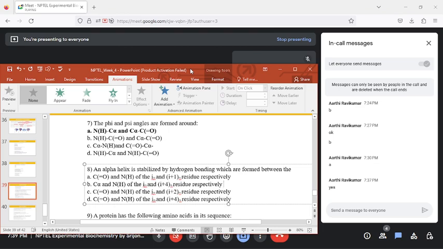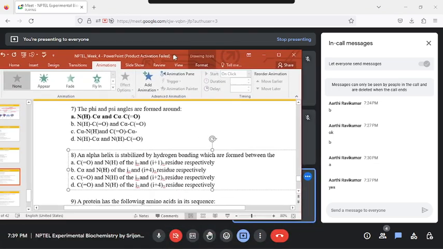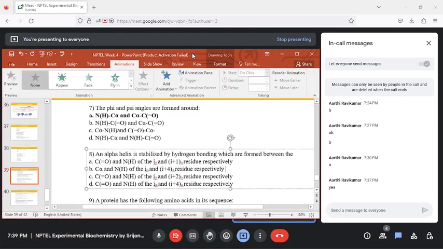So what is the correct answer? Between which two residues can hydrogen bonding result in the formation of an alpha helix?